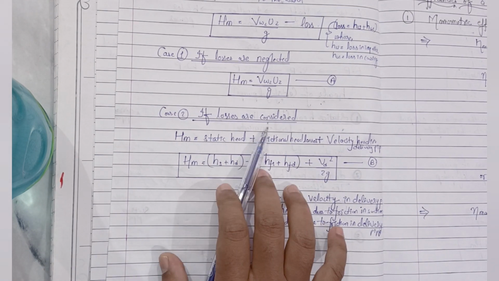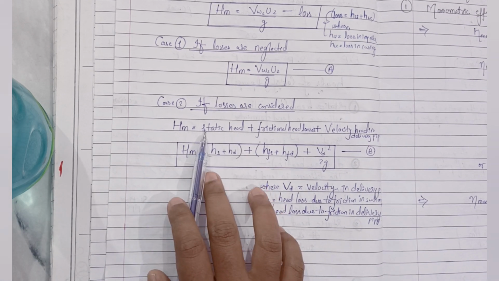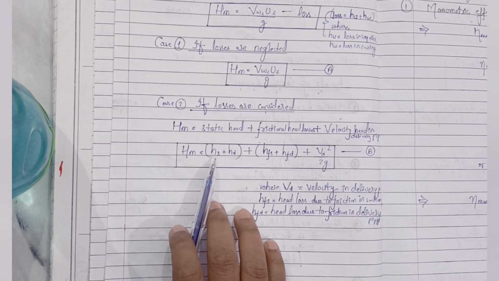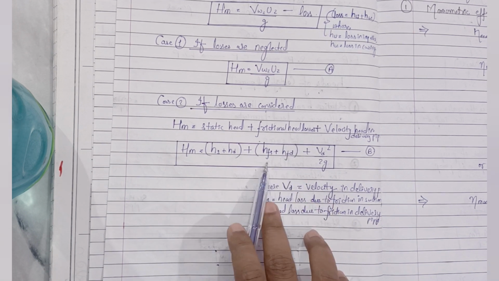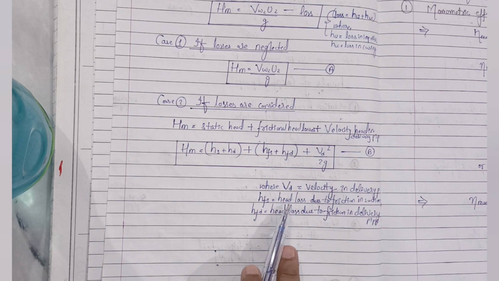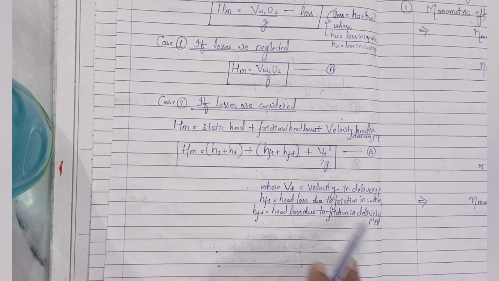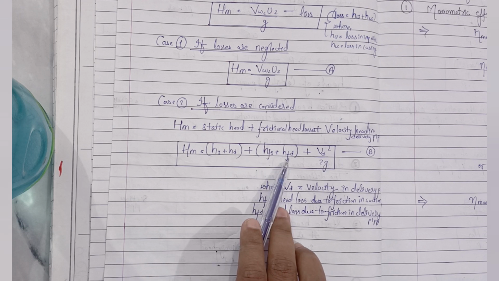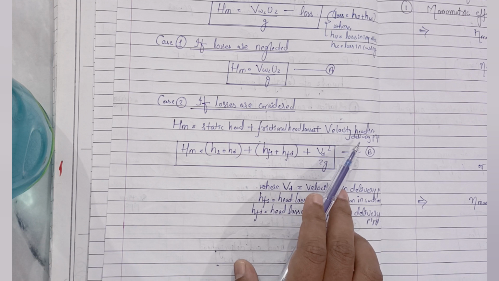And if the losses are considered, then the manometric head will be equal to the static head, means the summation of suction head plus delivery head, plus frictional head losses. Frictional head losses are the head loss due to friction in the suction pipe and the head loss due to friction in the delivery pipe, plus the velocity head in the delivery pipe.